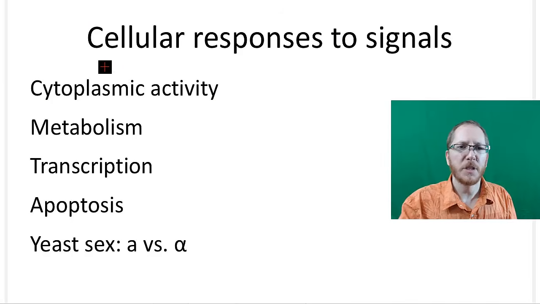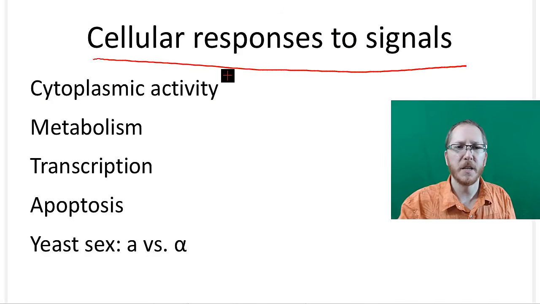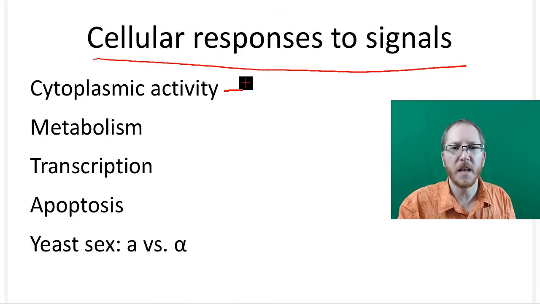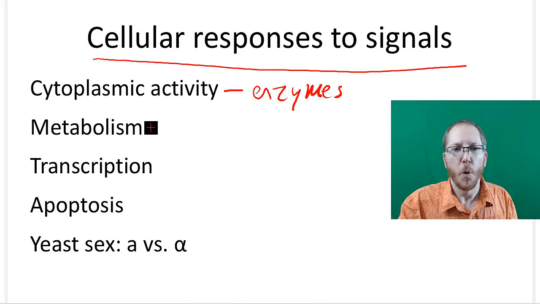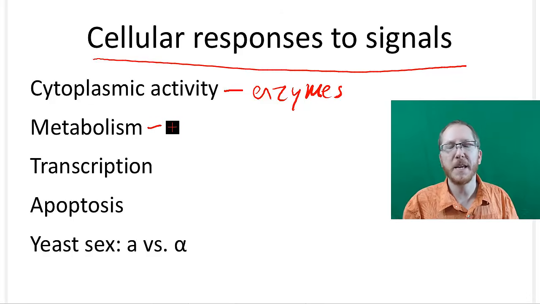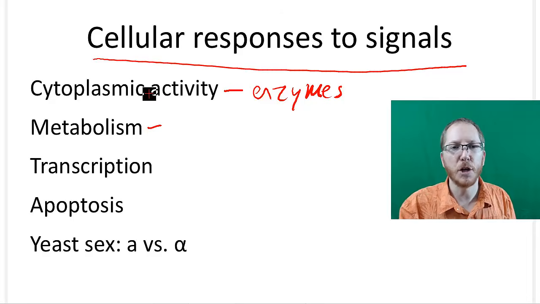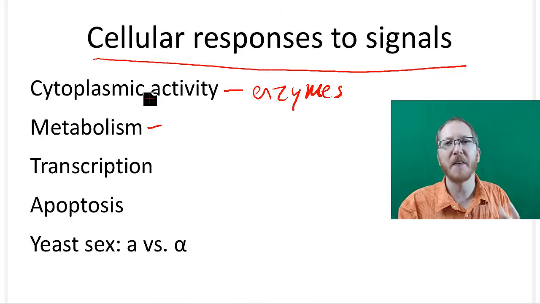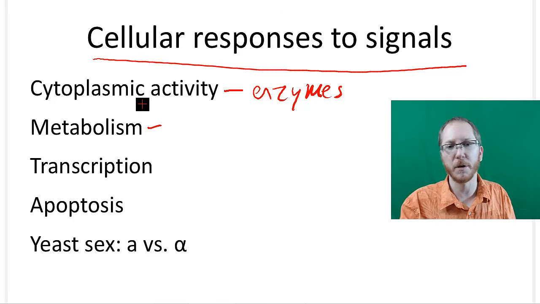And then the cellular responses to signals, there's going to be several of these, but the basic idea is cytoplasmic activity. This is more or less turning enzymes on and off. So this will be control of enzymes. We have metabolism, which also is going to be, once again, adjusting enzymes on and off. It's just these enzymes are typically building or destroying stuff. Cytoplasmic activity could be moving stuff around. It doesn't have to be specifically destroying stuff or building it.